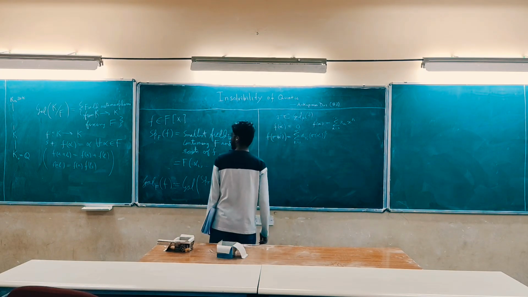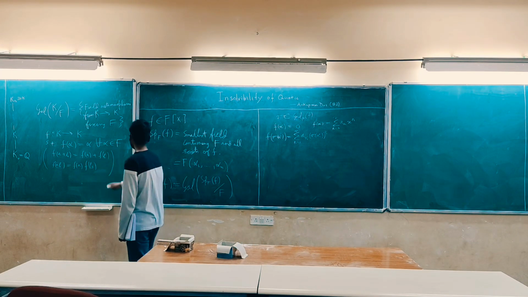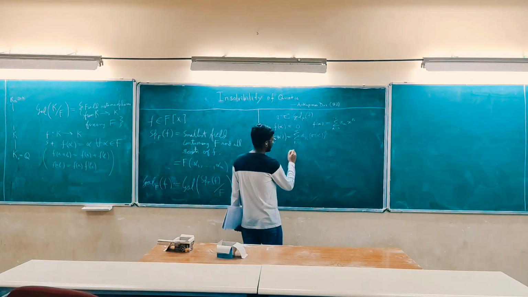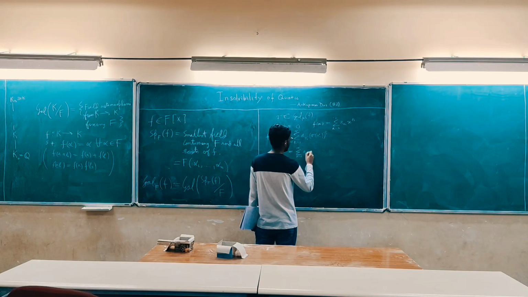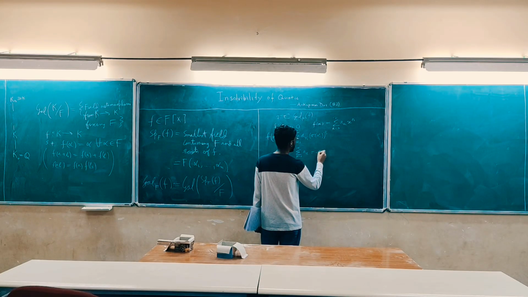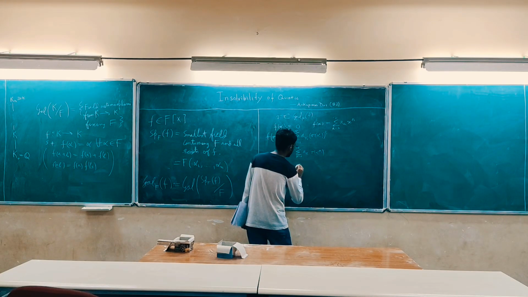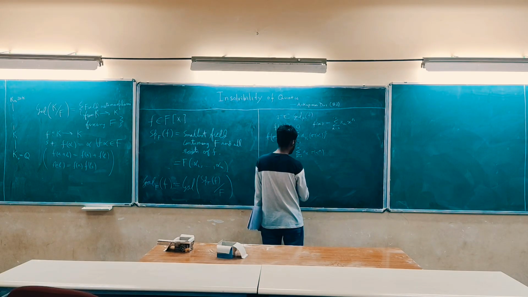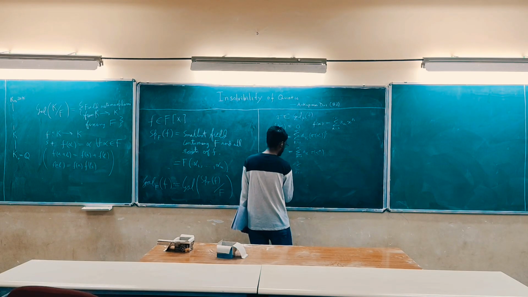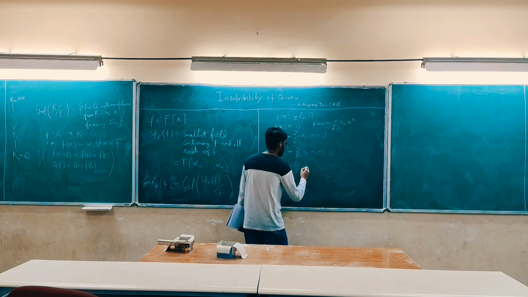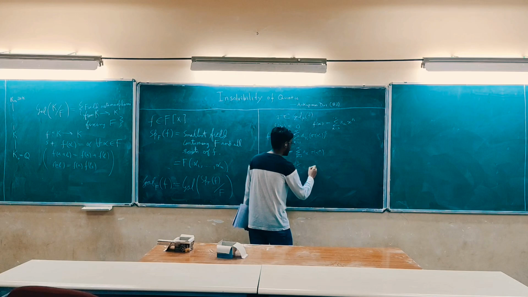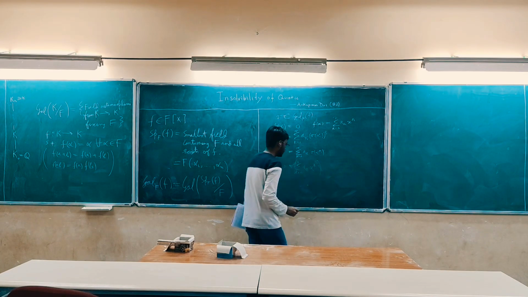Now, because of this property, of multiplication and addition, we can take out the sigma: summation k equals 0 to n of a_k sigma(alpha) to the power k equals sigma of summation a_k alpha to the power k.